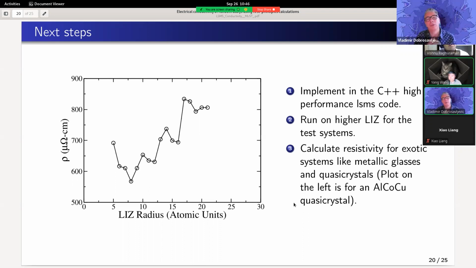I would like to mention something one should keep in mind: this strong dependence on the cell radius is telling you that there are multiple scattering processes, which are interference processes. These require phase coherence. In zero temperature calculations, that phase coherence is given. But at finite temperature, inelastic scattering events could reduce the phase coherence.